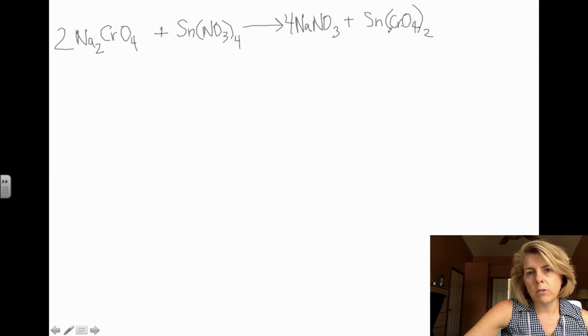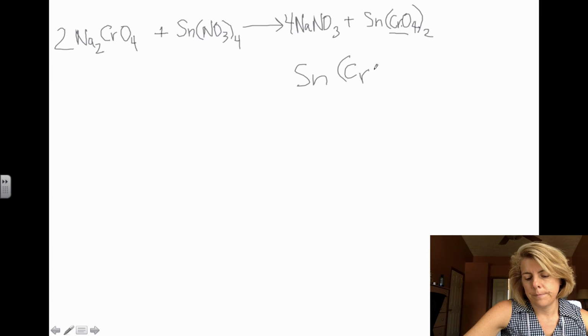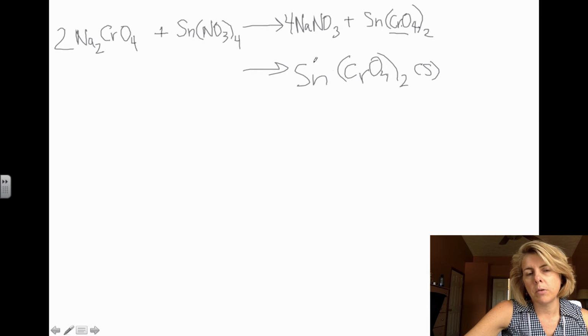Now the question is, which of these two are solids? This is my solid. So I want to list tin CrO4 2, and it's my solid. So I want to look at the ions that contribute to formation of this.